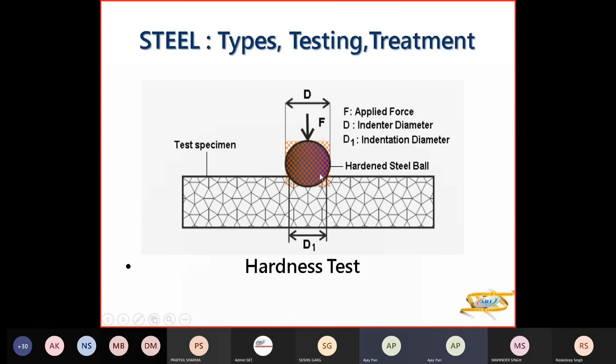So the indentation is here. You're going to press it. If it's a very hard material, the indentation will be less. With a soft material, the dent will be much bigger. So the dent is known as indentation.